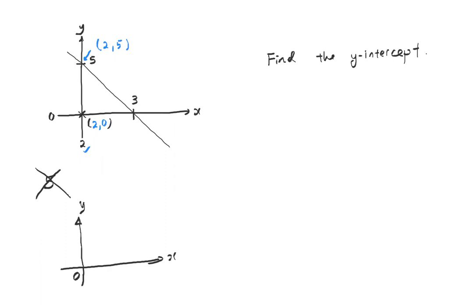If I don't want to, can or not? Is there any other way? Can. You can find the gradient first. So the gradient is equal to -5/3. Right? Then you find the equation y equals mx plus c.